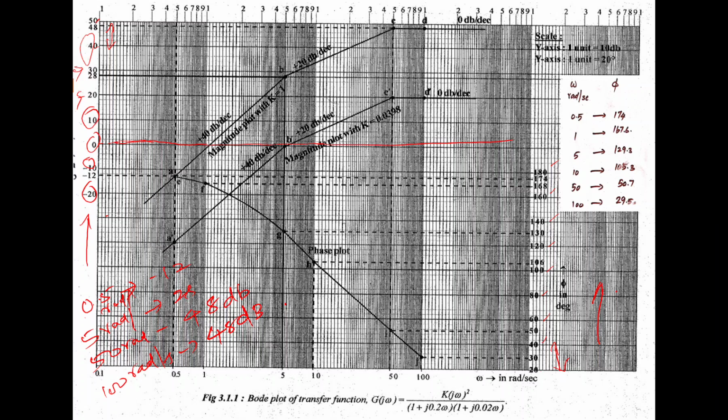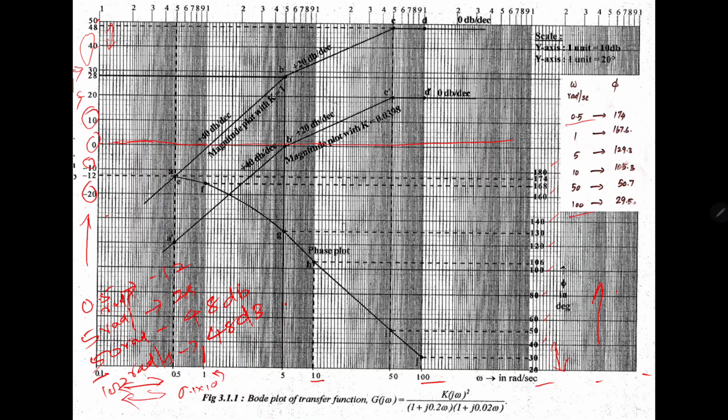Now we have to take frequency. The frequency range is around 0.5 to 100. I'm starting with the first point as 0.1. The next division is multiplied by 10, so 0.1 into 10 is 1. The next division is again times 10, so the next one is 100, then 1000, and so on. Each section has different values.